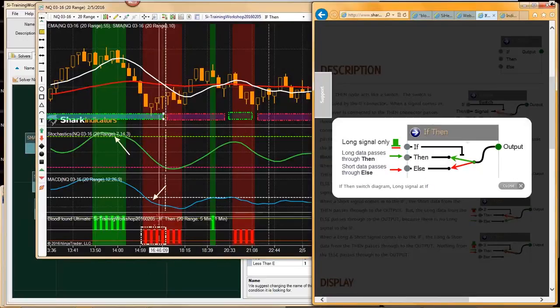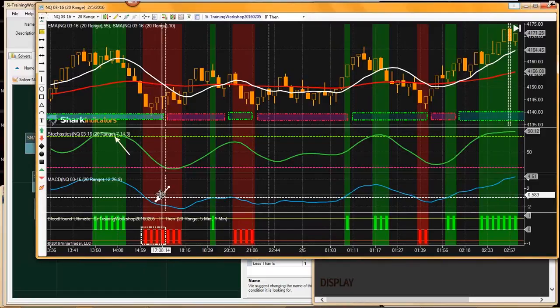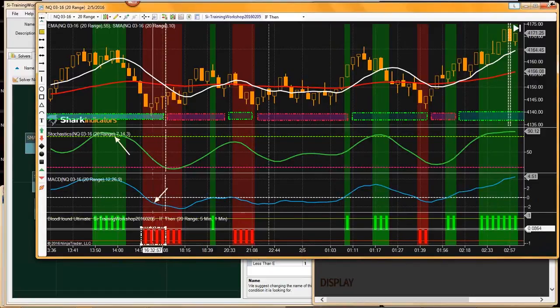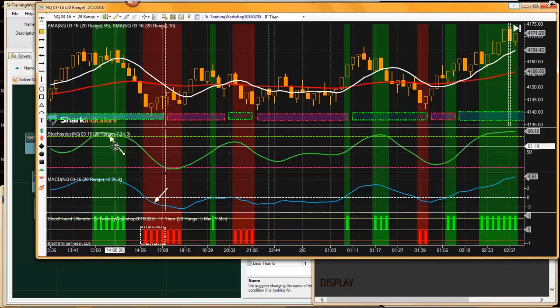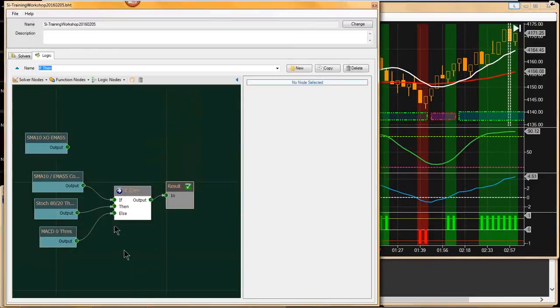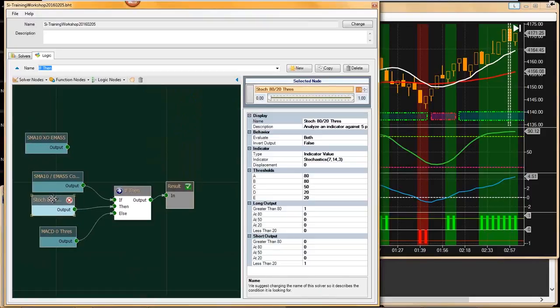Right? So that's why the short signals from the MACD get piped out here, and long signals from the stochastic is what gets piped out to the output. So the long signals from our stochastic solver go through to the output, and short signals from the MACD get piped out through the output here.